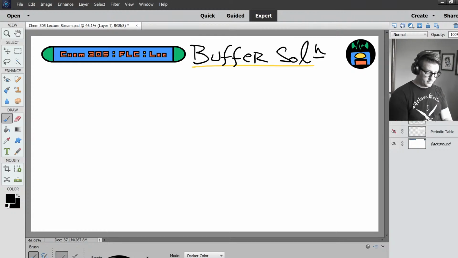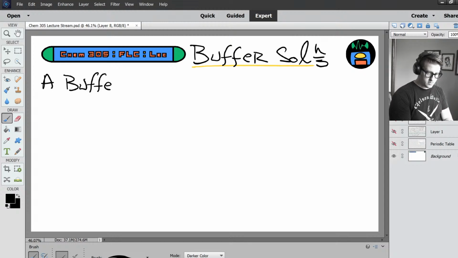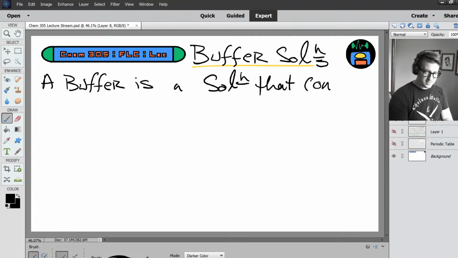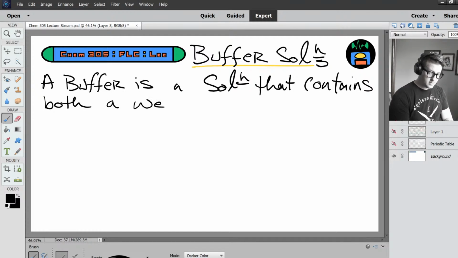Starting with what buffers are might be a good place to begin. A buffer is a solution that contains both a weak acid and its conjugate base.